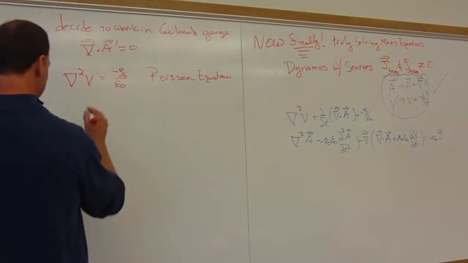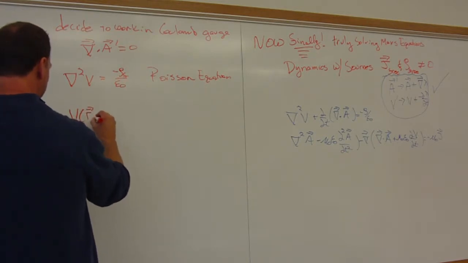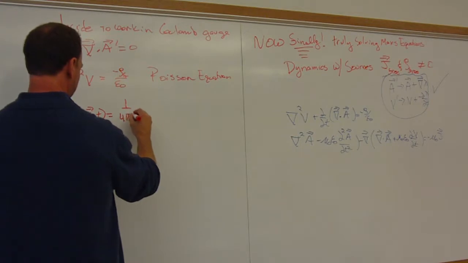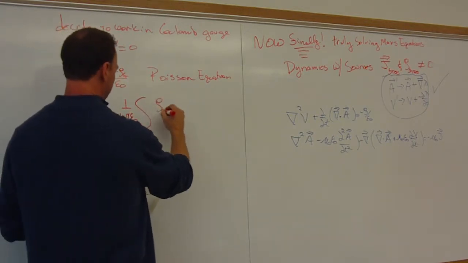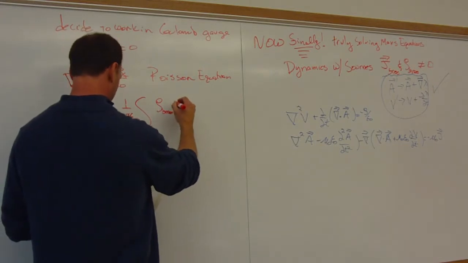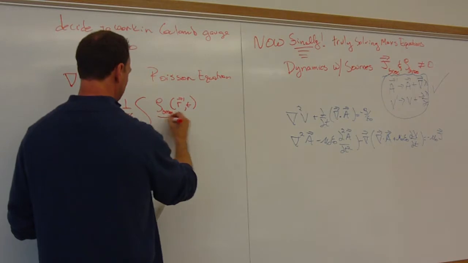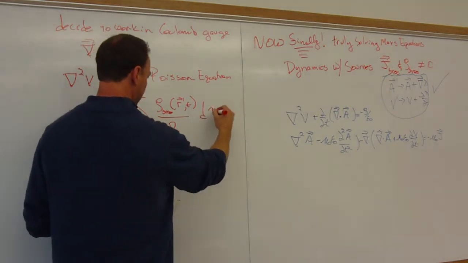The solution to Poisson's equation is V of r and t equal to 1 over 4 pi epsilon naught, the integral of rho free of r prime and t over script r, d tau.